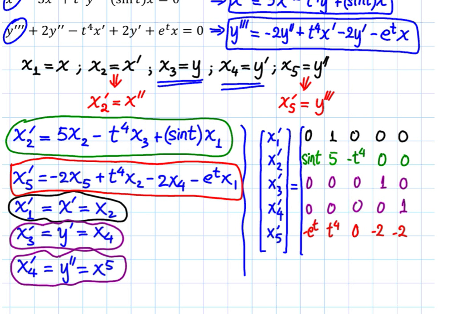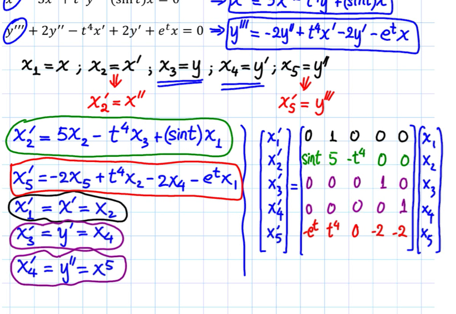So that's all the coefficients and the dependent variables x1, x2, x3, x4, and x5. And that's what we have for this problem.